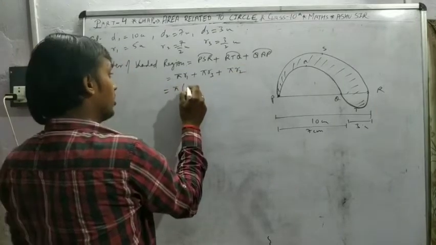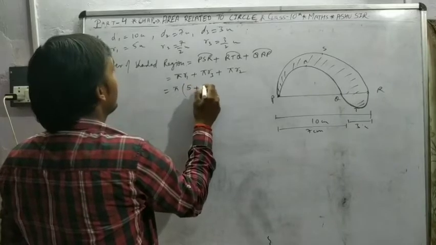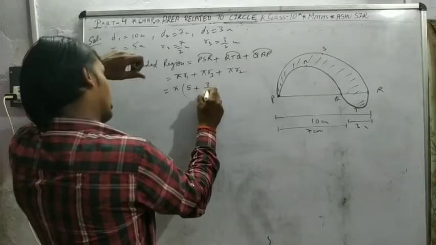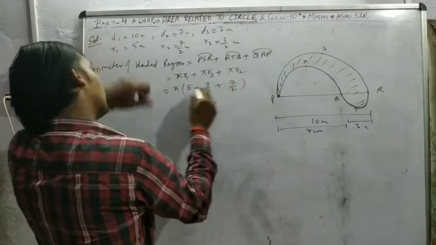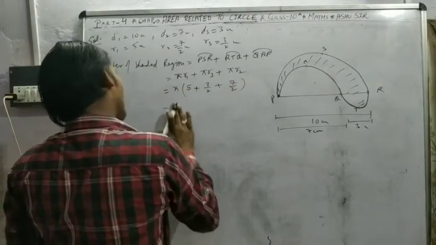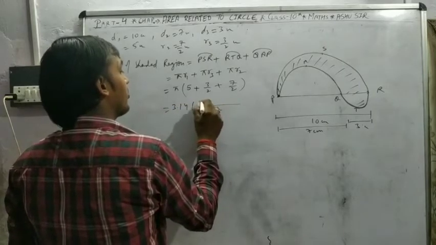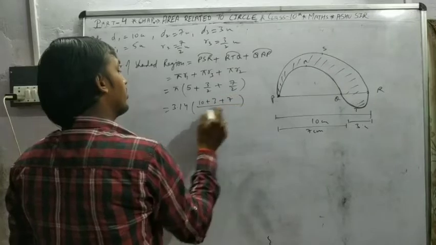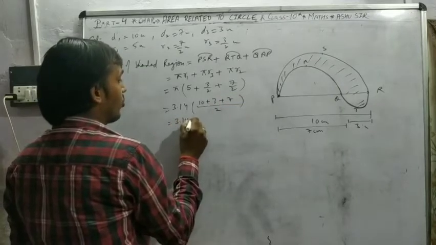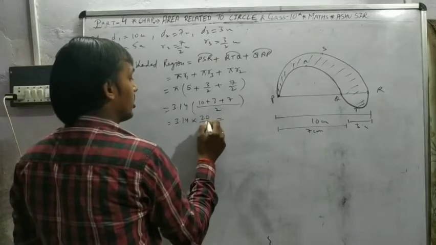Pi is common. R1 is 5, R3 is 3 by 2, R2 is 7 by 2. Pi value is given as 3.14. Taking the LCM, 10 plus 3 plus 7 is 20 by 2, that is 10.